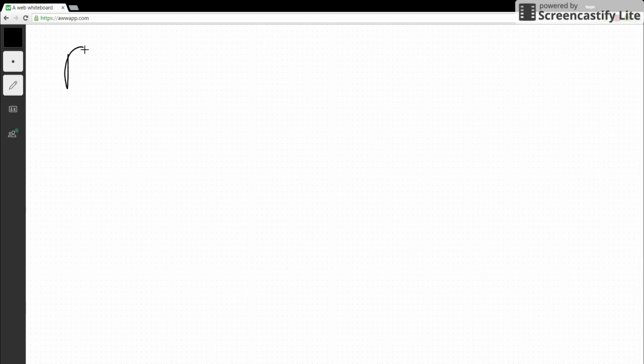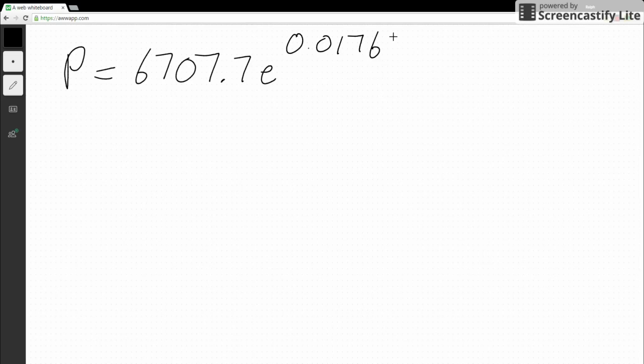So now I can rewrite it and say P is equal to 6707.7 e to the k value, which I just solved for, 0.01769 about, times t.